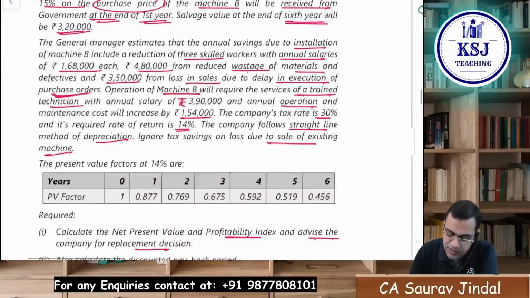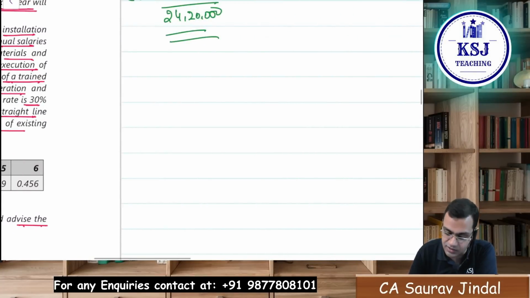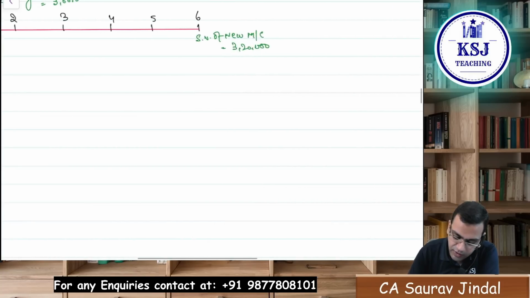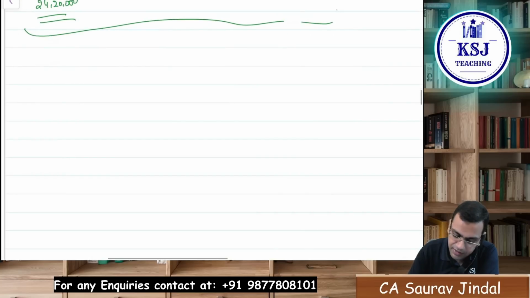Now for the statement of CFAT, what will you take, sir? There will be the savings. For all the years, it is going to be the same. So first you will take all the savings here.